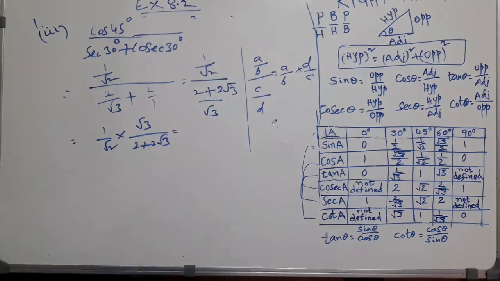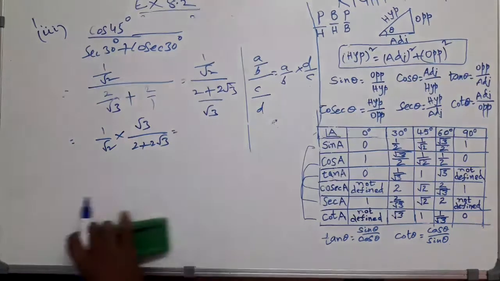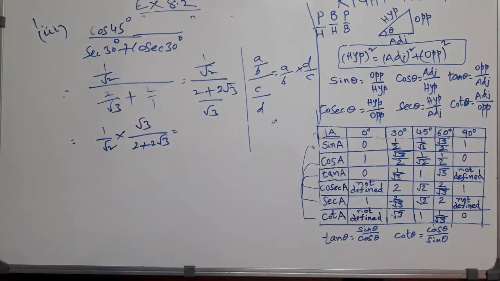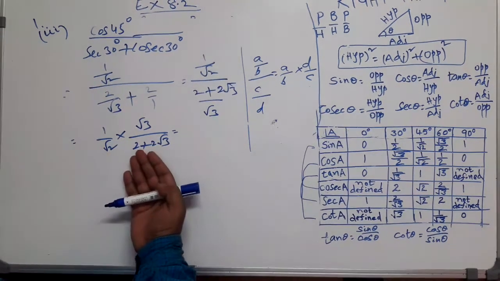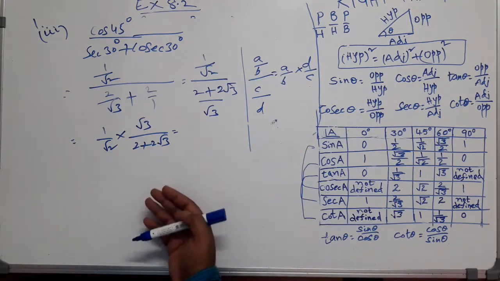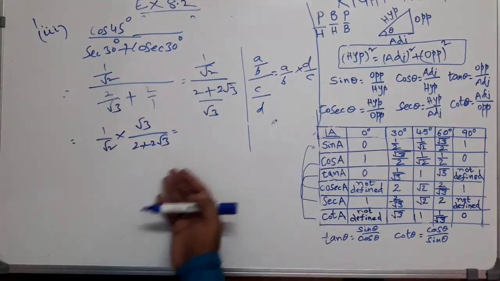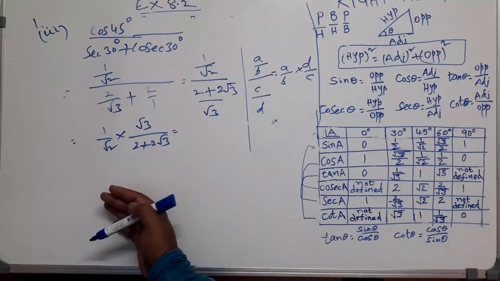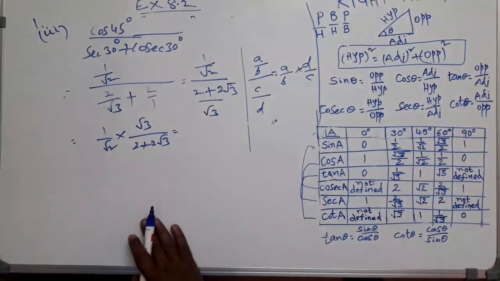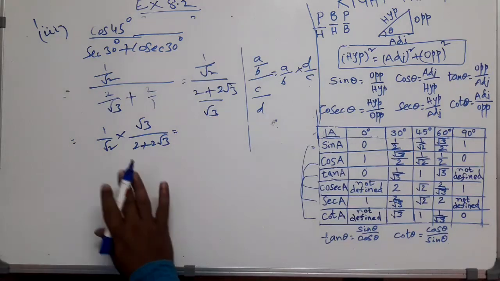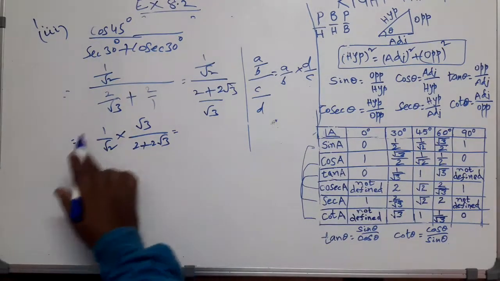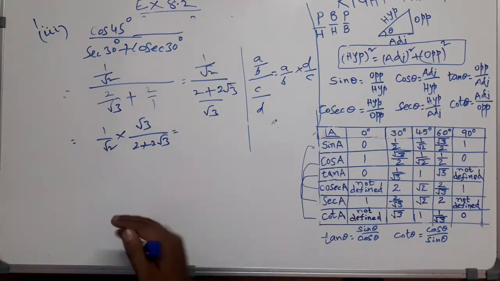Shall we leave it like this? No. See, if we can simplify the denominator further so that the denominator is not at all an irrational number, you are supposed to do that. So let us try to simplify further so that the denominator becomes a rational number.